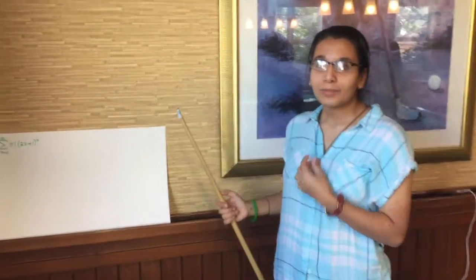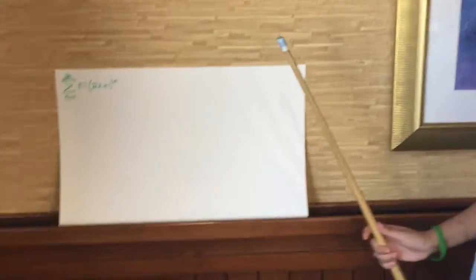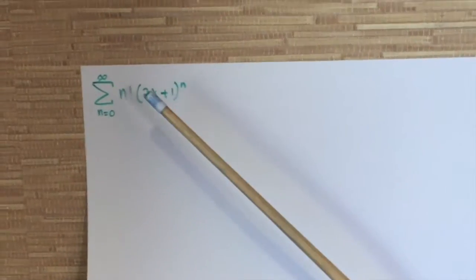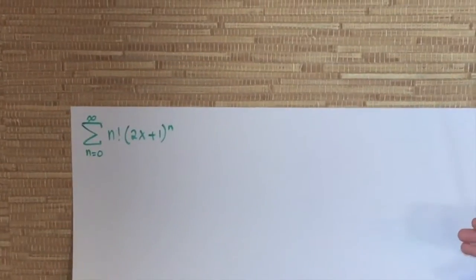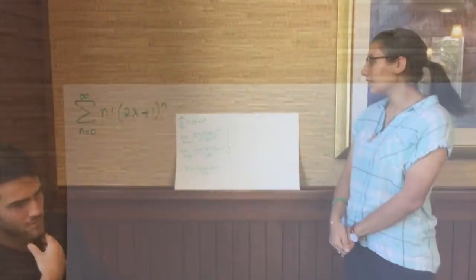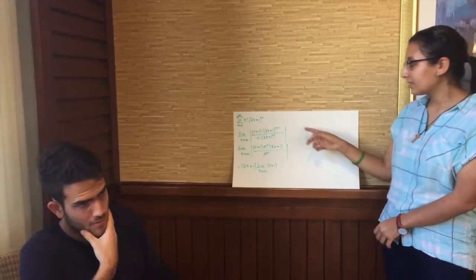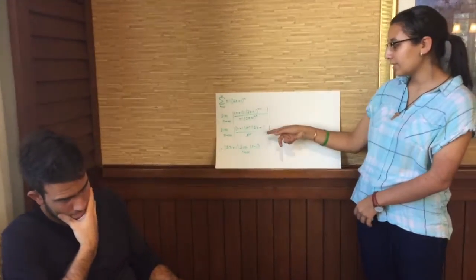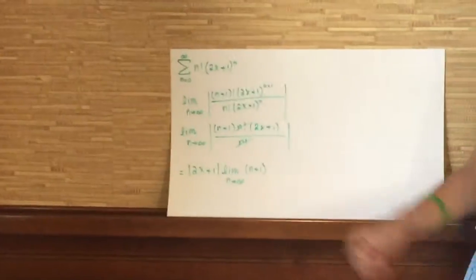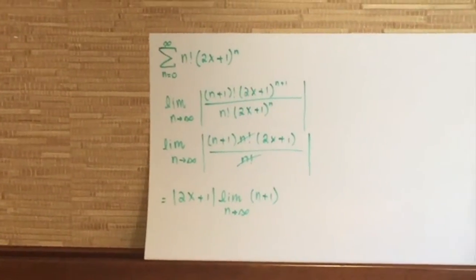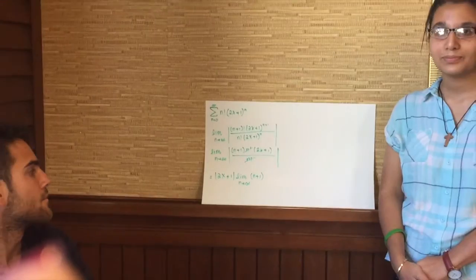The second problem is a series of n factorial times (2x plus 1) to the n. The first step to find the interval of convergence is to use the ratio test. After we did the ratio test and canceled out everything, we ended up with the absolute value of 2x plus 1 times the limit as n approaches infinity of n plus 1.